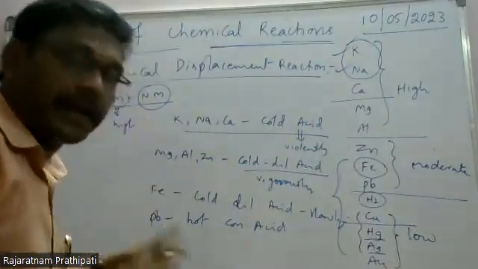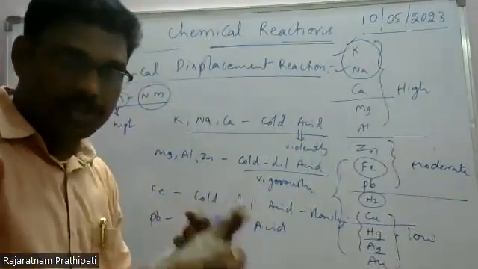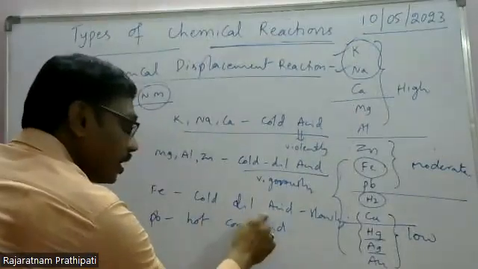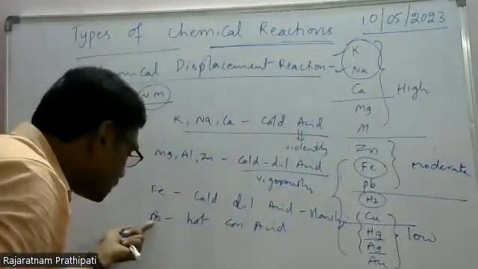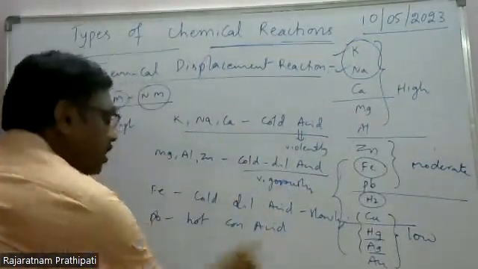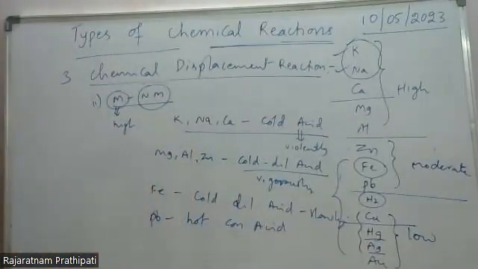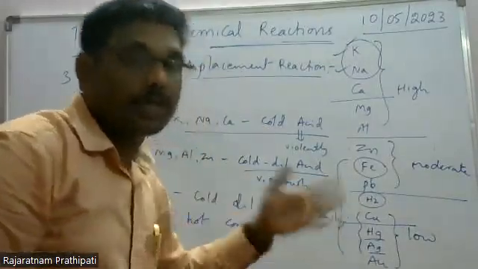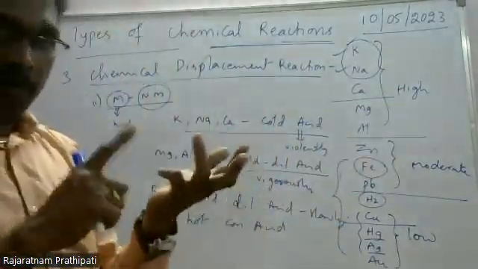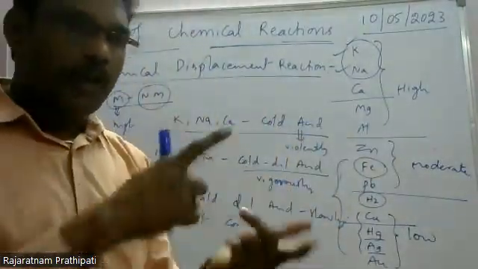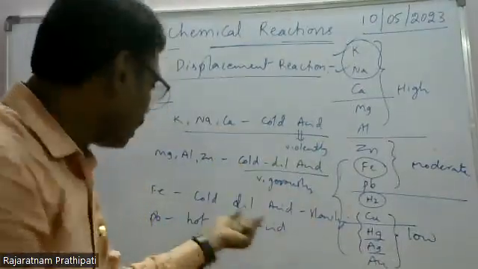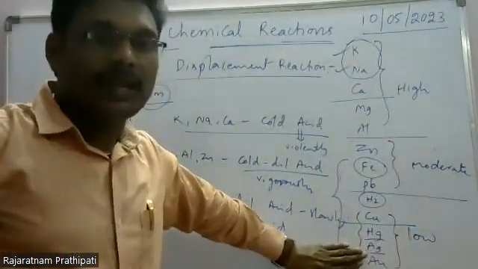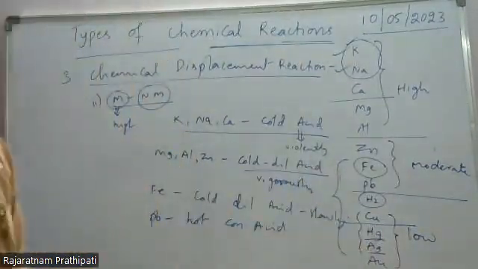Lead cannot displace hydrogen from steam, cold water, or cold dilute acid. It can displace hydrogen from hot concentrated acid only. The remaining metals below hydrogen do not displace hydrogen from cold water, steam, cold dilute acid, or hot concentrated acid. That's why these are very less reactive metals.